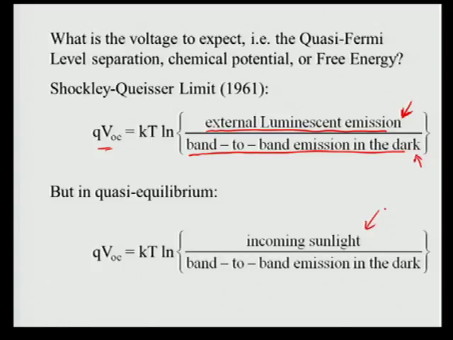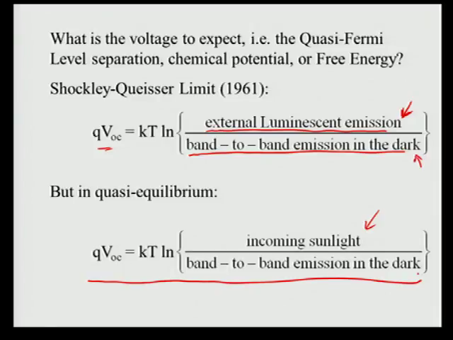Every photon of sunlight coming in, there's a luminescent photon coming out. That's the most ideal condition. There's no non-radiative recombination. You're not losing light anywhere. It's very, very ideal. And indeed, in 1961, Shockley derived this formula. And it is like the most important formula in this field because it tells you what voltage to expect.